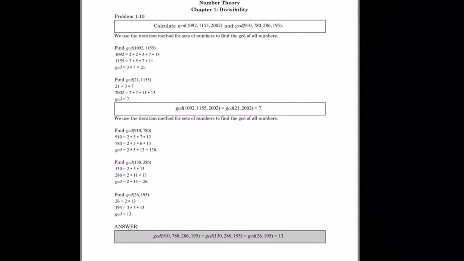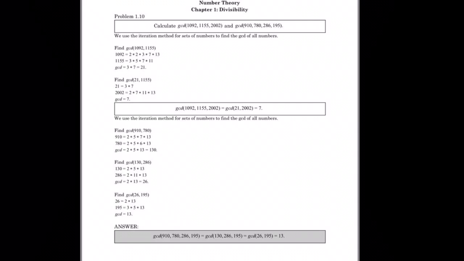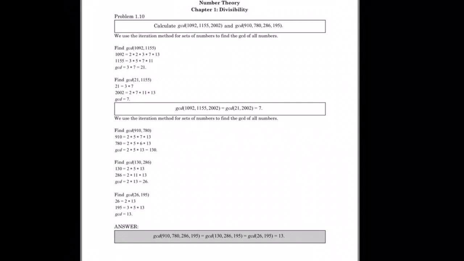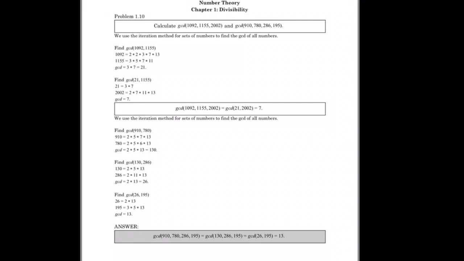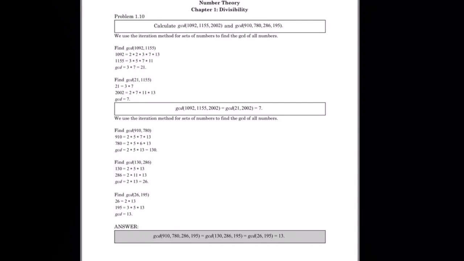So just start on the left with 1092 and 1155. And here I did not use Euclid's algorithm. I used prime decomposition. And looking at those lists, 1092 is the unique number that is 2 times 2 times 3 times 7 times 13. And 1155 is the unique number that is 3 times 5 times 7 times 11. And the only numbers that are on both lists are 3 and 7, so that's 21.